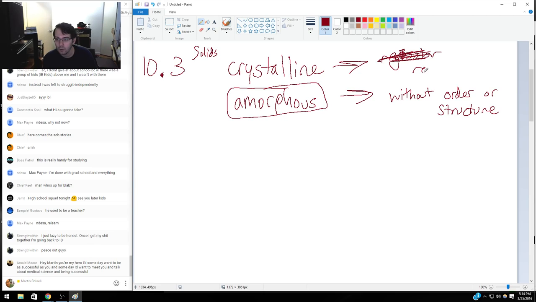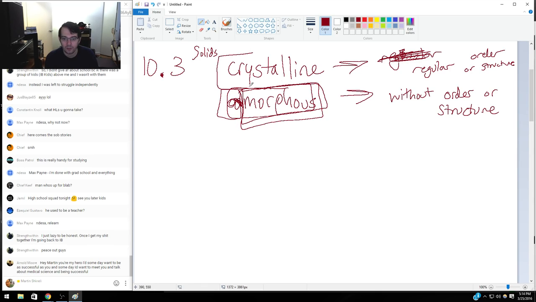Amorphous, literally without morphology. Crystalline, sort of like a crystal, right?